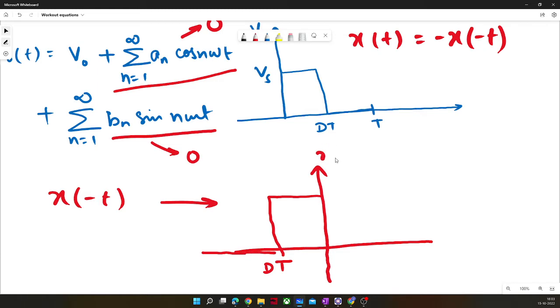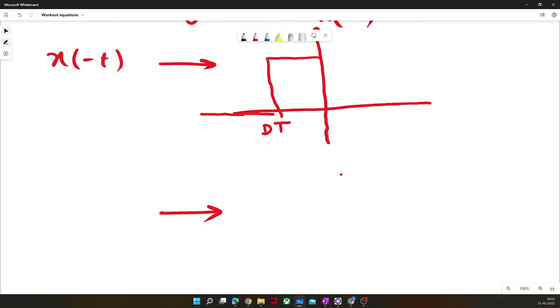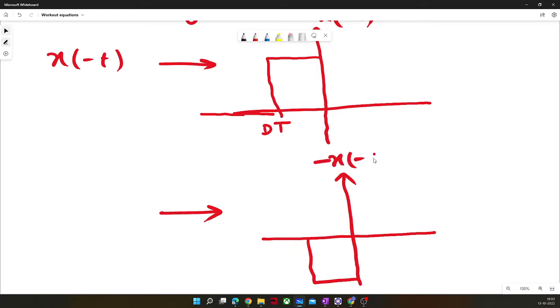So this is your x of minus t. Now I will reverse it. So are you getting my point? What will happen? Do you agree? This will be minus x of minus t.